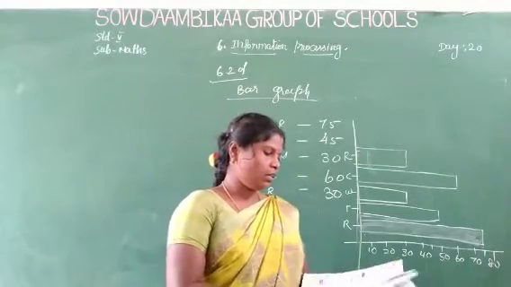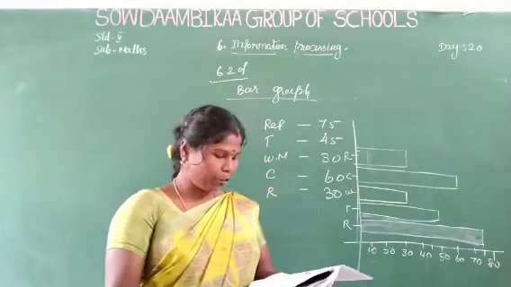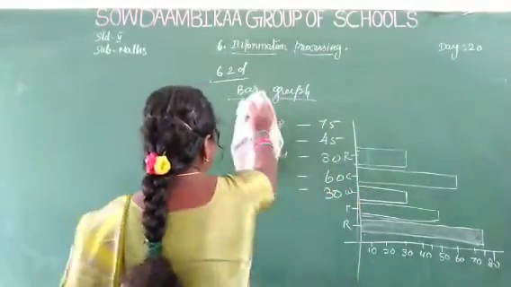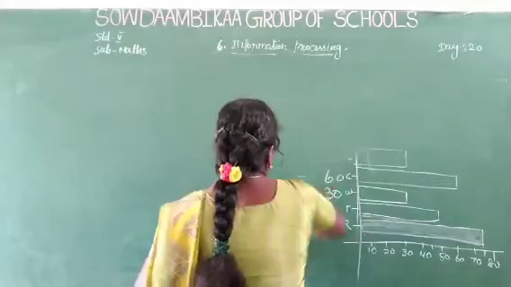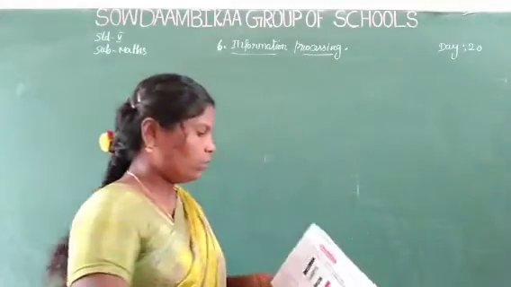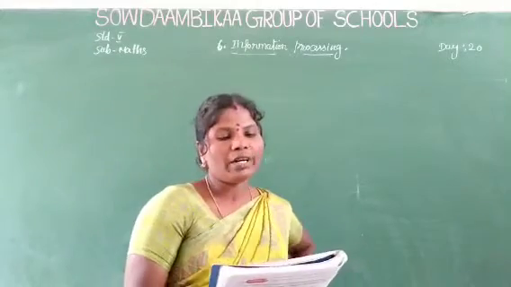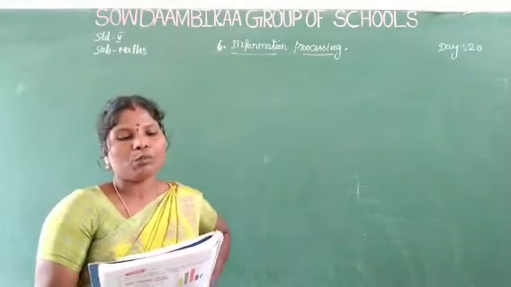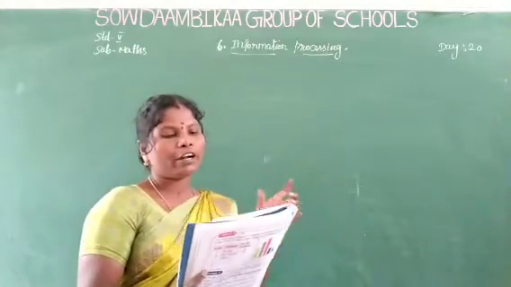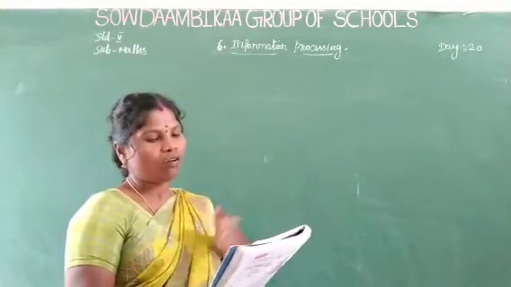Now see the exercise, page number 95, exercise 6.2c. The first one: the bar chart represents the number of students using different modes of transport. Answer the following questions. The bar graph is given: number of students against cycle, walk, car, bus.